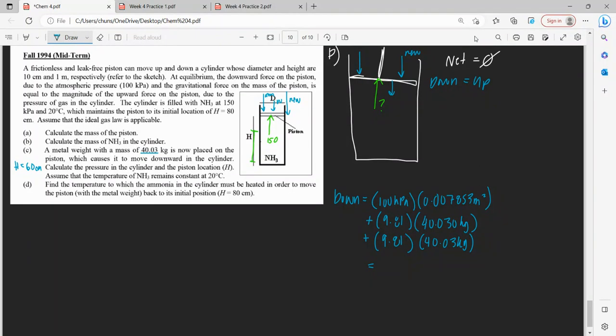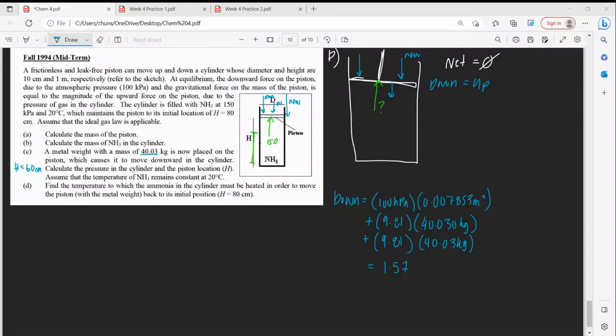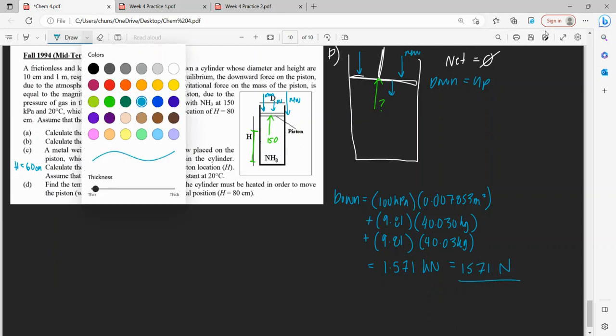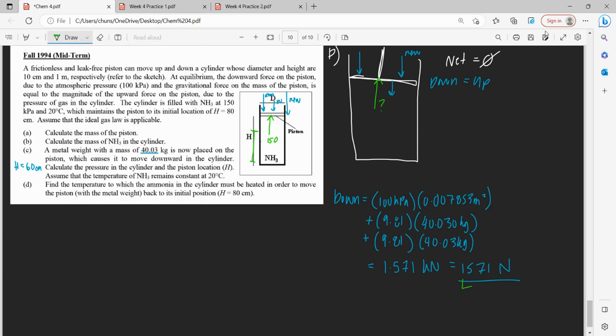Okay, I think I messed up in my calculations, but this is meant to be 1.571 kilonewtons, or 1,571 newtons. So this is also equal to our upwards force.